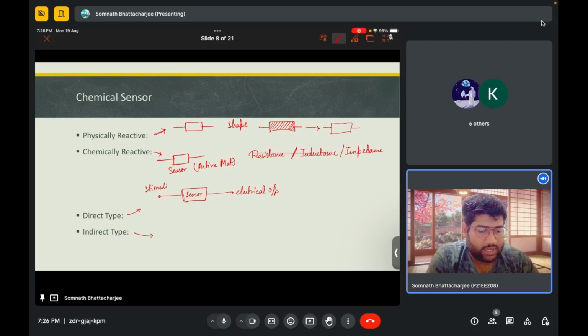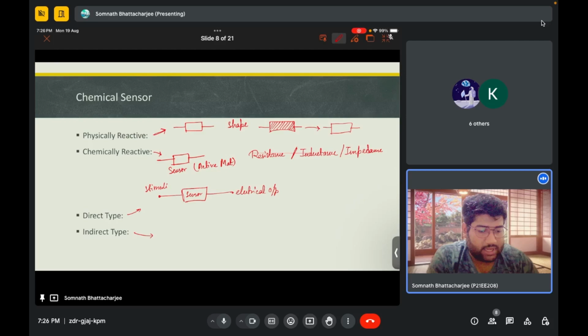For example, if you have an optical strip, with a change in glucose concentration the strip may change color from yellow to darker yellow shades, or maybe a reddish shade. To check if the sensor is working, we need external circuitry to determine the electrical response, that is the electrical output. These types of sensors are called indirect type sensors.